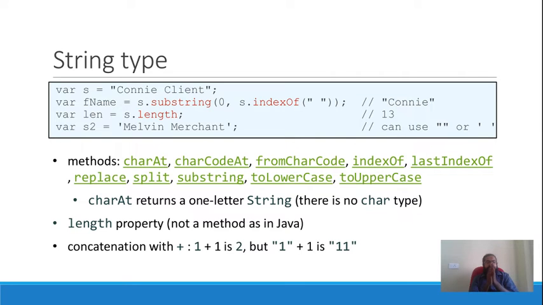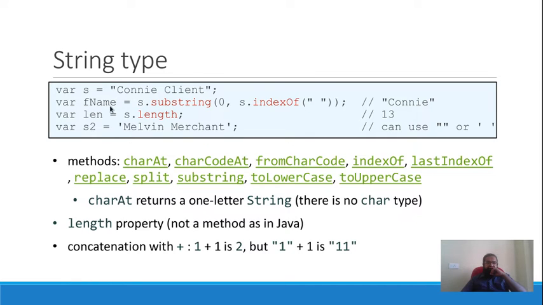We have already discussed that it works more in the object-oriented way rather than the procedural way. So var fname is equal to s.substring, then the starting index and the ending index. The starting index is 0 to the index of the first space.